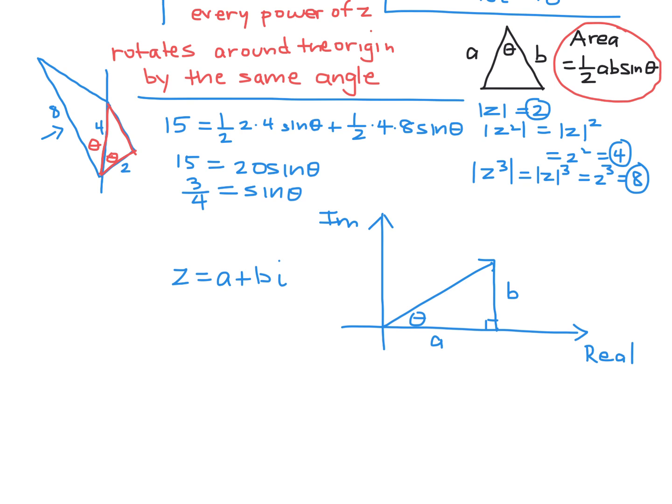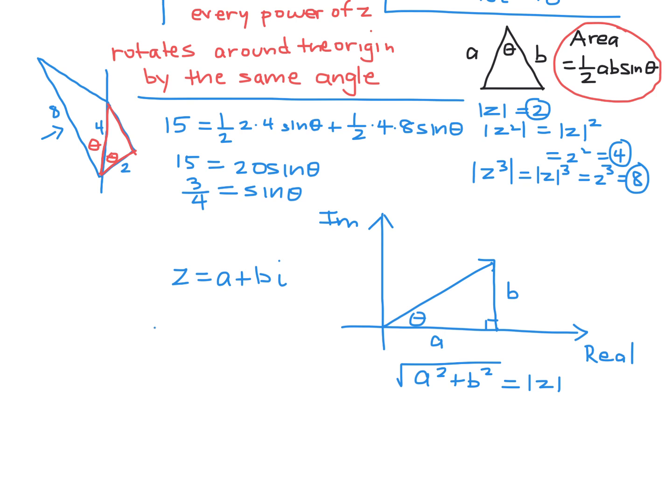Correct? Yeah. And therefore, we can use the basic property that a squared plus b squared is equal to the magnitude of z squared, or the magnitude of z is the square root of a squared plus b squared.